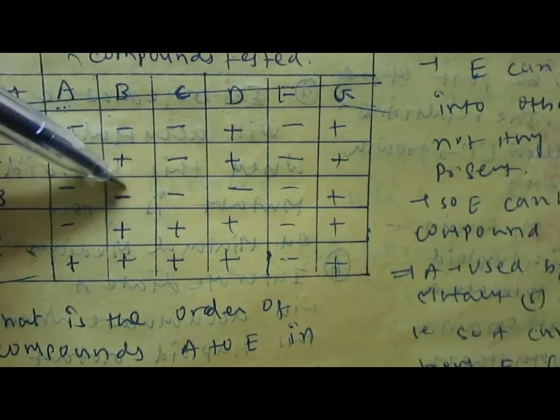Now for the rest, compounds B and D, we can see in both columns there are three mutants for compound B, that is mutants 2, 4, 5.